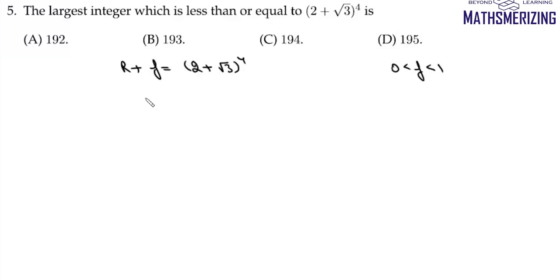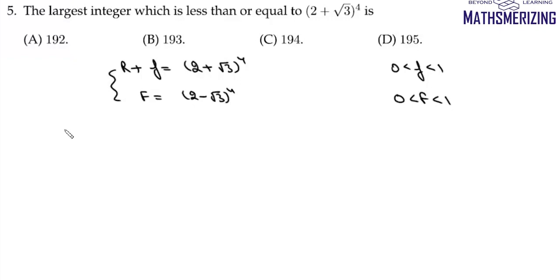Now we'll also consider another series, which is 2 minus root 3 to the power 4. Now 2 minus root 3 is 0 point something, and 0 point something to the power 4 will always lie between 0 and 1. So this value f dash will also lie between 0 and 1.